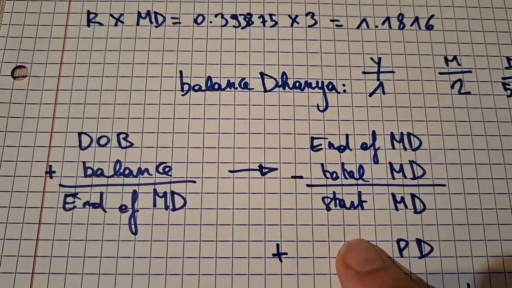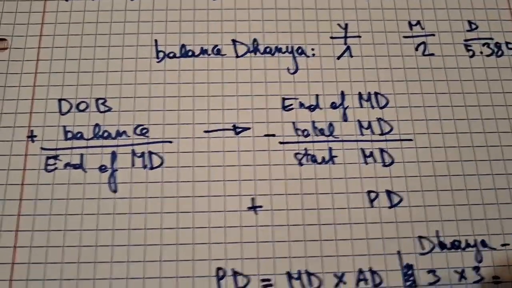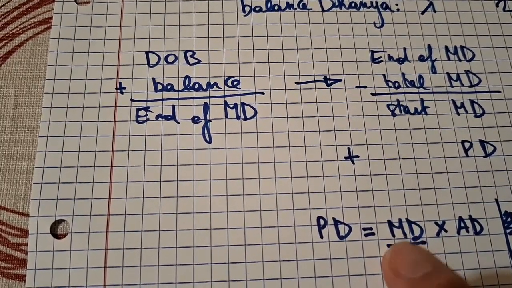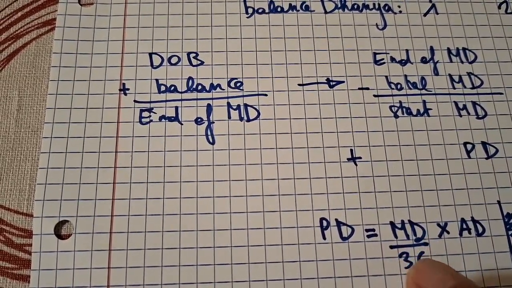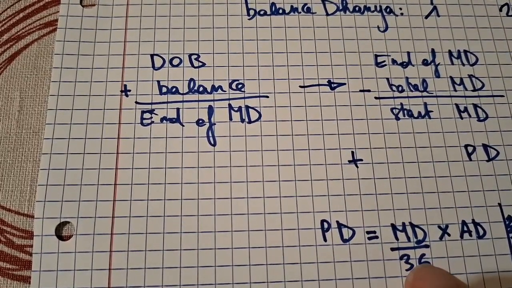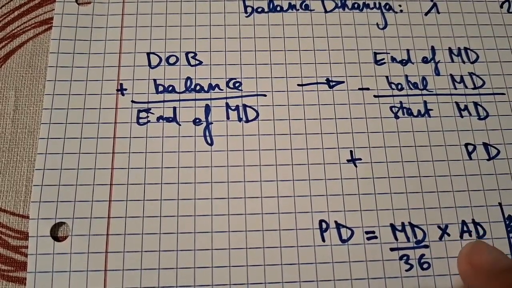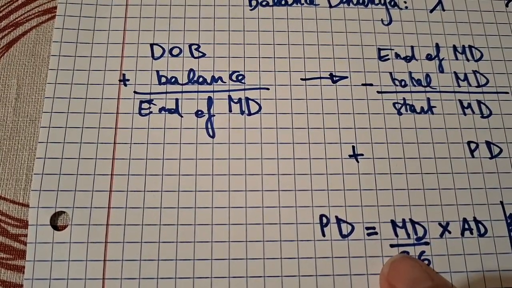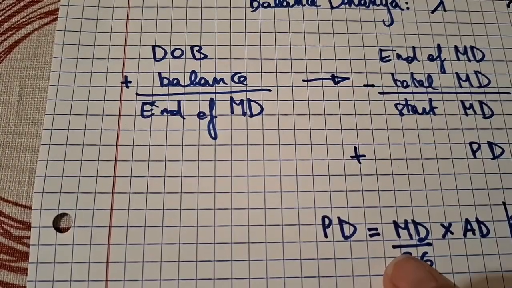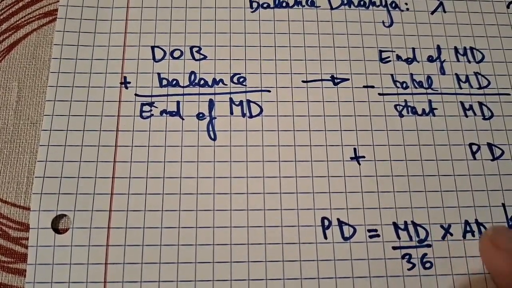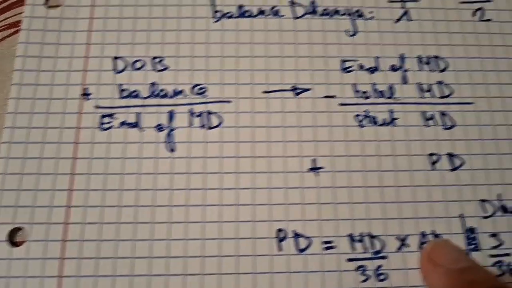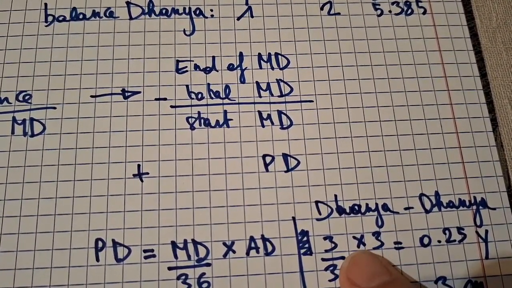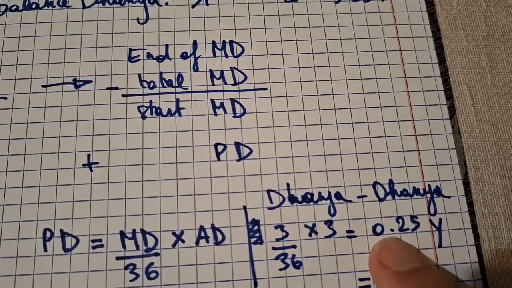And the formula for Pratyantar Dasha is you take the Mahadasha divided by 36 because the total is 36. So you have to divide it by 36 parts times the Antardasha. For the first one running, it's Danya running, that's 3 years. And the first Antardasha will also be Danya. So 3 divided by 36 times 3 gives us the result in years.